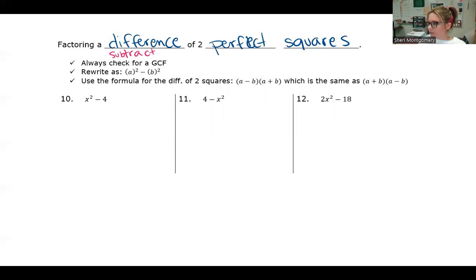Do y'all know what a perfect square is? A perfect square is something just times itself. So a perfect square is 4, 16, 9, 25, 49, 36, 81, 100.